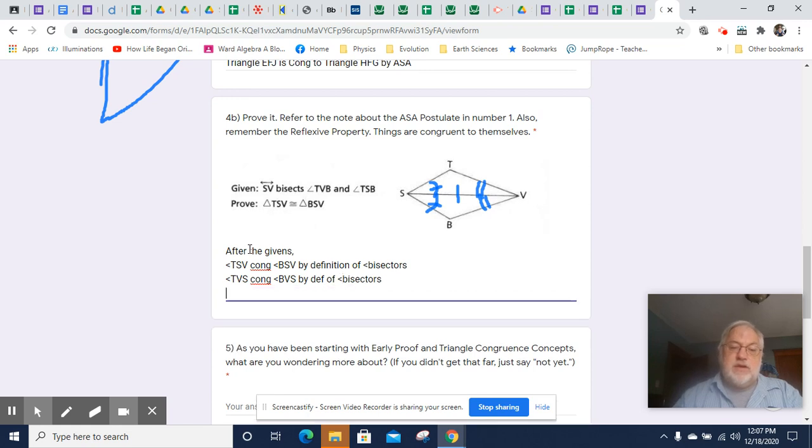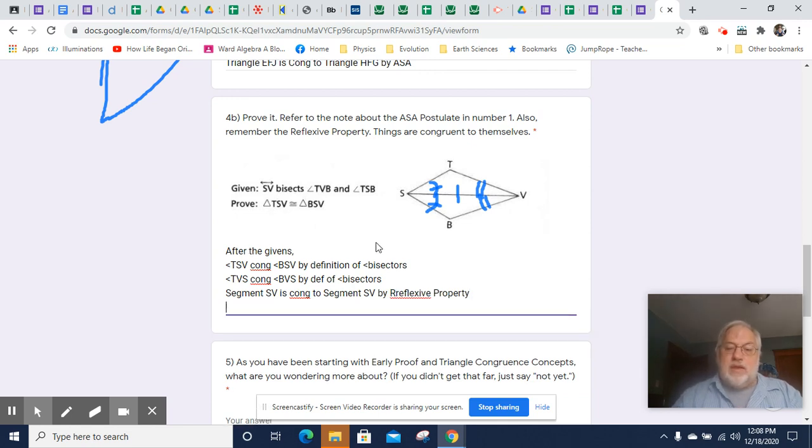Okay, and then segment SV is congruent to segment SV by the reflexive property. Things are congruent to themselves.